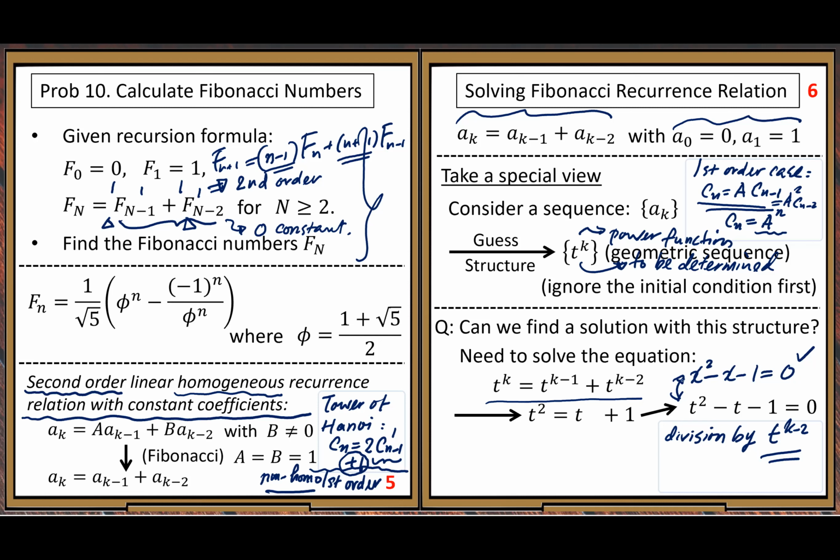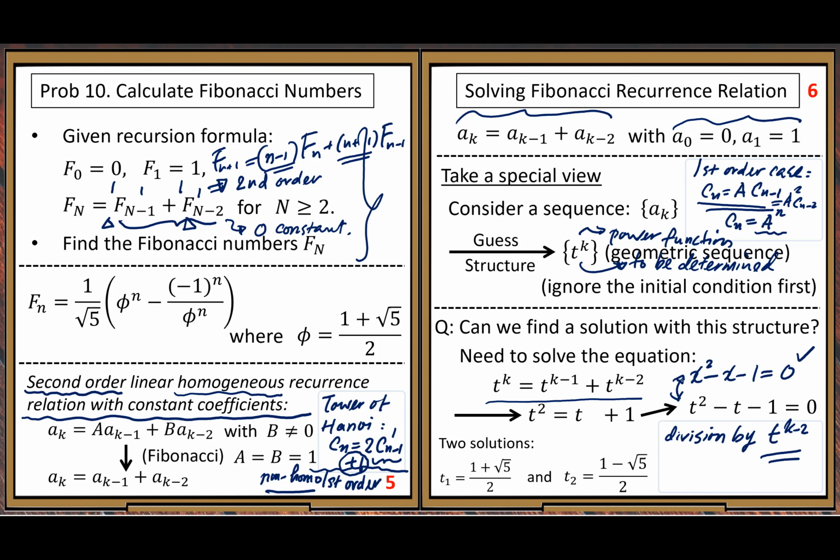Then the solution should be found the same way, because we have the quadratic formula. When we apply the quadratic formula, we find two solutions. t1 is the familiar golden ratio expression, 1 plus root 5, whole thing over 2. t2 is the conjugate solution, 1 minus root 5, whole thing over 2.